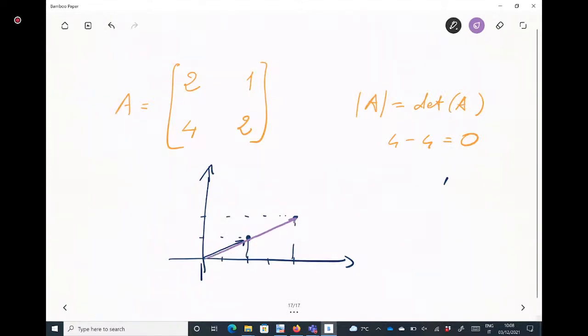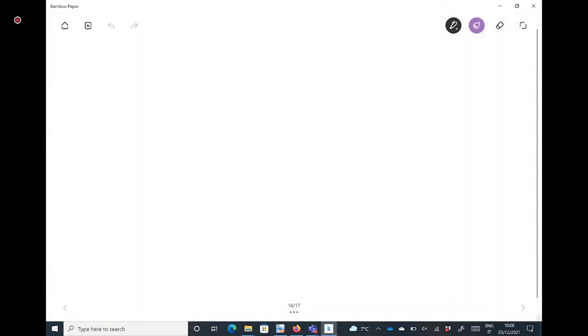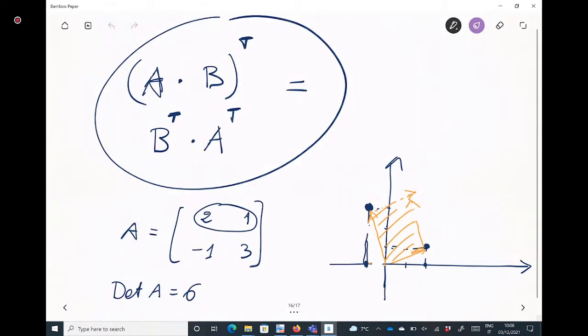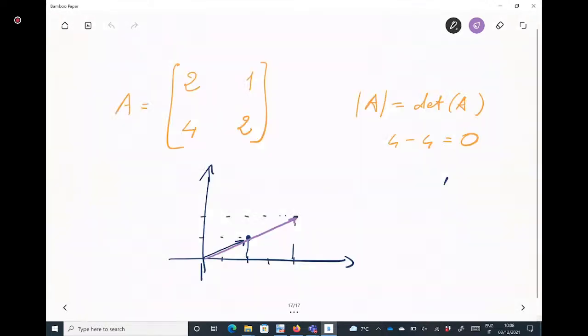If you try to do the same operation, so to obtain a plane area, like in this case, you cannot do that because the two sides overlap to one another, okay? It's like having a very shrunk parallelogram, and the area is zero in this case, okay? And this is the reason why when you have two proportional rows, the determinant is zero.